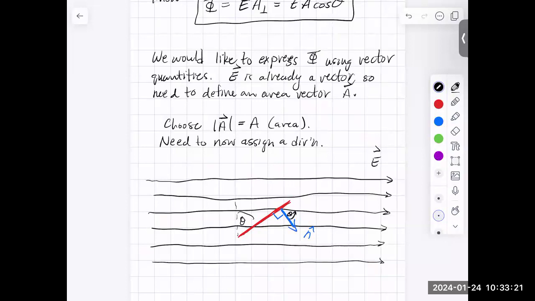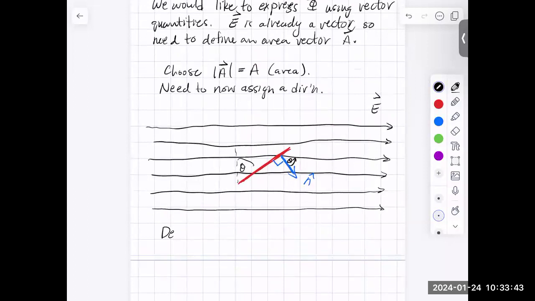So those two thetas are the same angle. And what we notice is that this theta next to the normal vector gives us the angle between the electric field E and this new n hat that we drew.